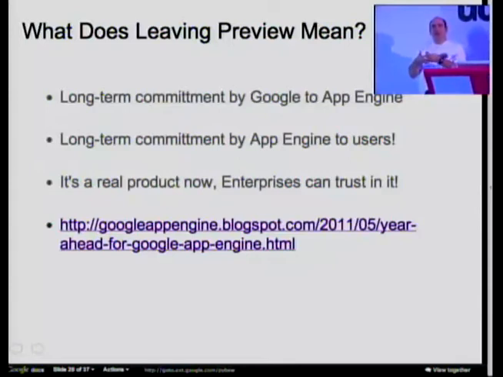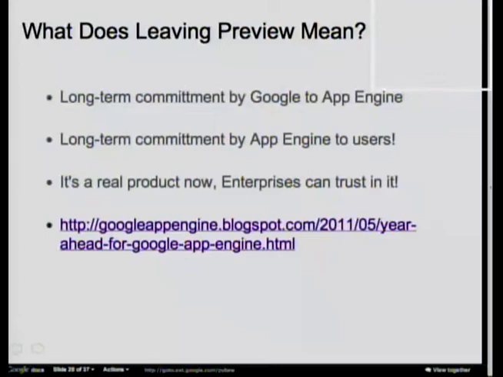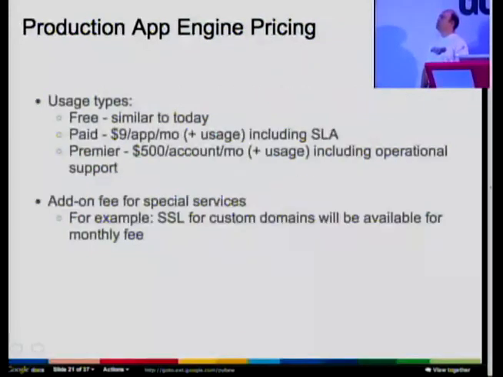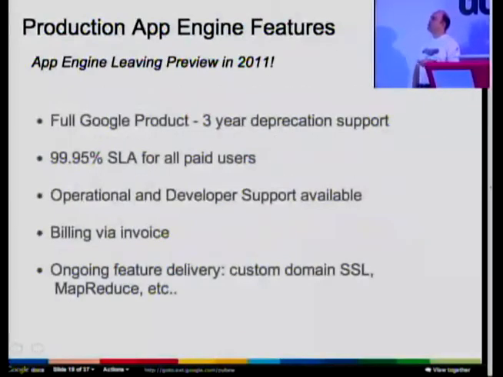But the nice thing about App Engine is that it's becoming a production technology. And that means it won't disappear. It'll be here for the long term. And so that's a commitment by Google directly to App Engine, and of course, a long-term commitment to App Engine and its users. Speaking of commitment, the production version, which is coming up later this year, will have at least a 3-year deprecation support. And it will have, most importantly, an SLA.